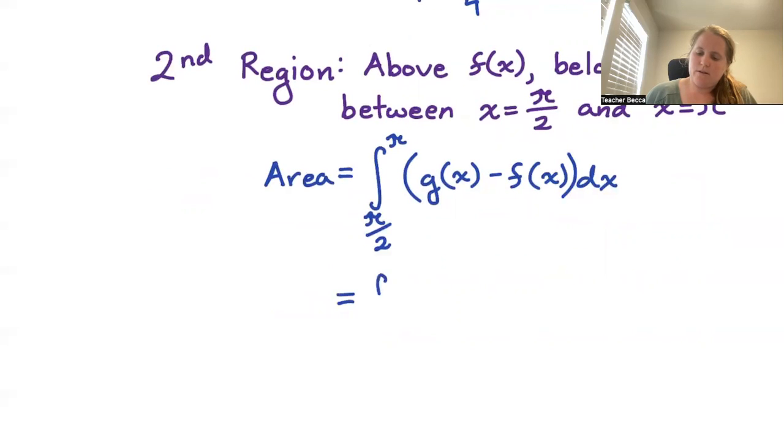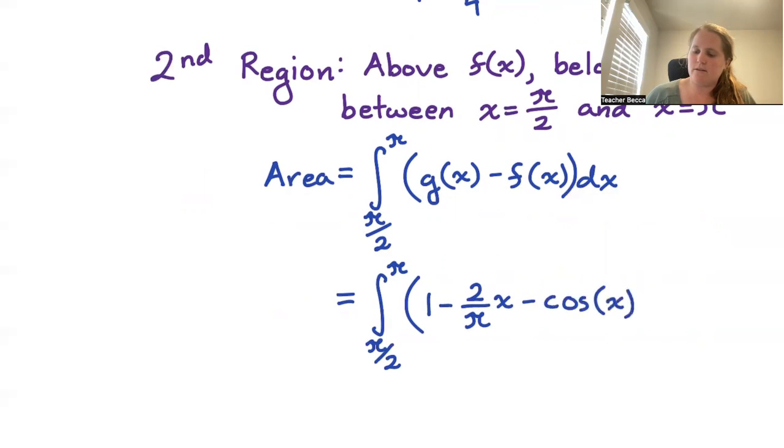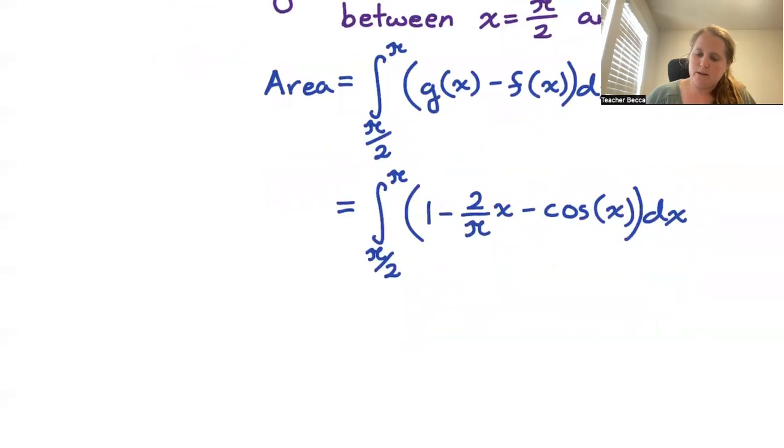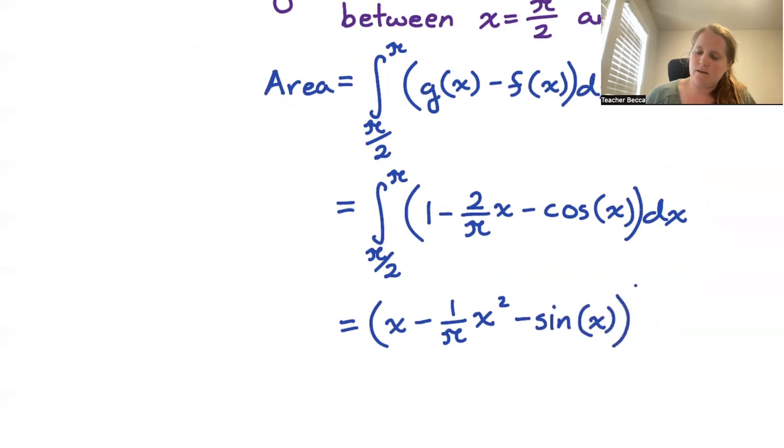So we are looking at the integral from pi over 2 to pi of 1 minus 2 over pi times x minus cosine of x dx. That, of course, we can integrate. This becomes x minus 1 over pi times x squared minus sine of x evaluated at pi over 2 and pi.